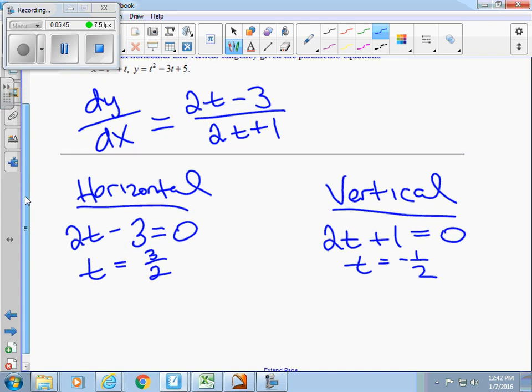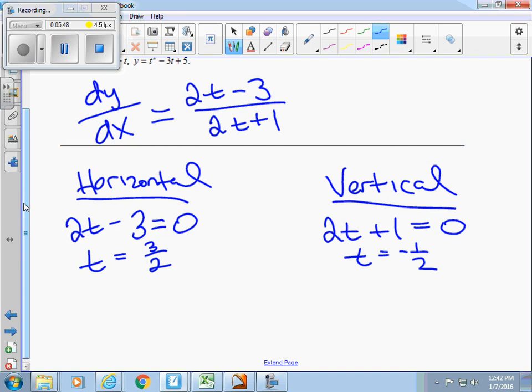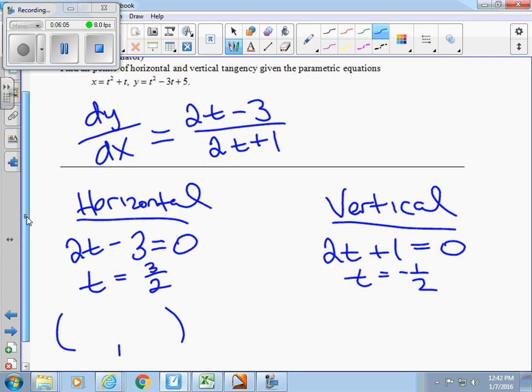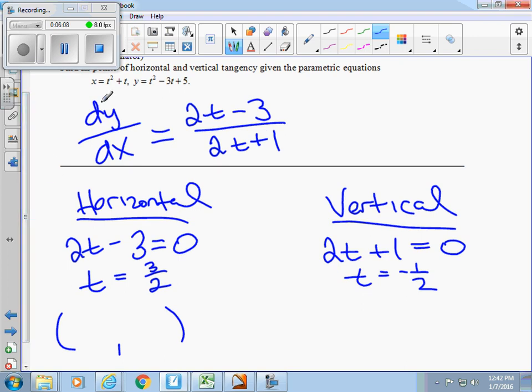What does a point consist of? An x value and a y value. How would I find such a thing? Plug in 3/2 into the x and the y, and plug in negative 1/2 into the x and the y. So 3/2 for x. I'm going to do this completely by hand just for practice purposes.